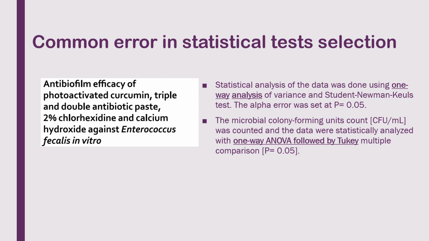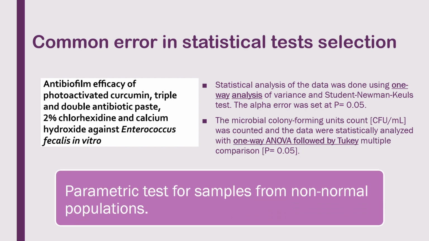So it's either they didn't run a normality test or they intentionally wanted to use parametric tests because parametric tests are stronger and the inferences made from parametric tests are capable of generalization to the entire population, while those from non-parametric tests cannot be generalized. So the error is to use a parametric test for non-normally distributed data or simply not to run a normality test.